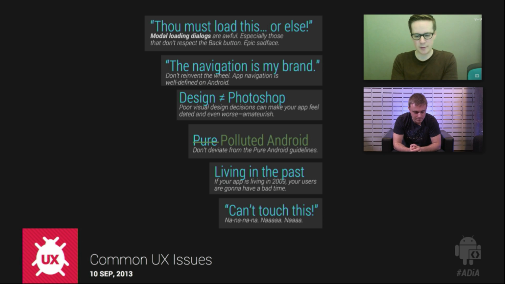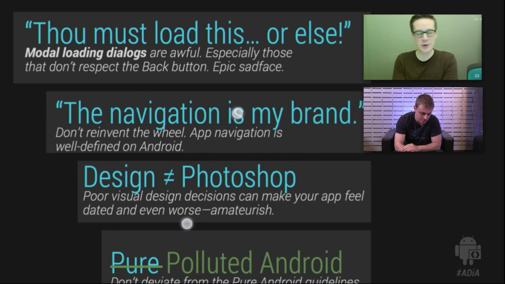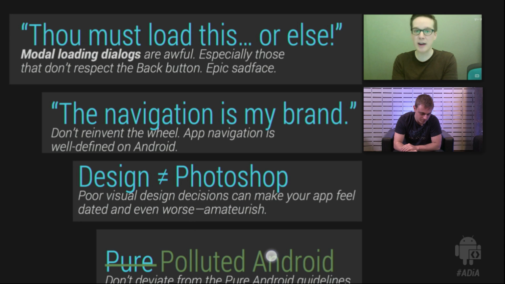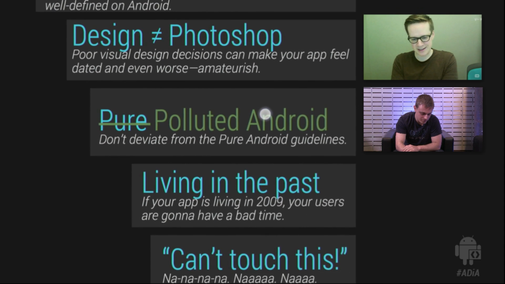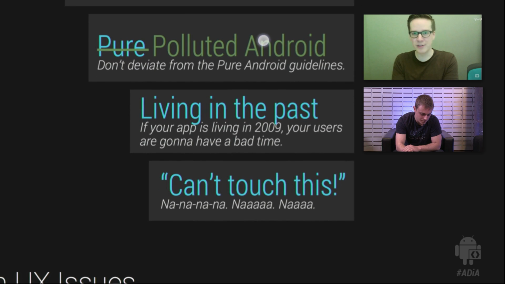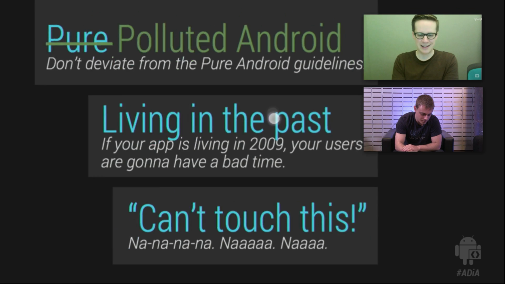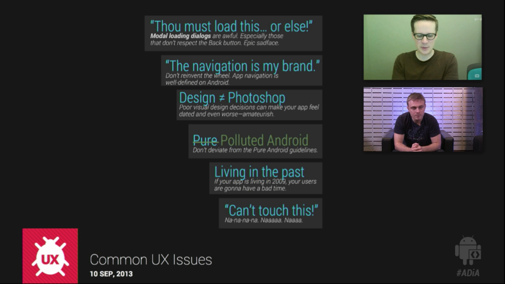Part of our everyday job is to review apps internally here at Google and also outside. We work with a lot of you to help you improve your apps. And these are just things that we've seen over and over and over. We felt like going on a rant and spelling them out will hopefully prevent them from spreading to more apps out there in the wild.